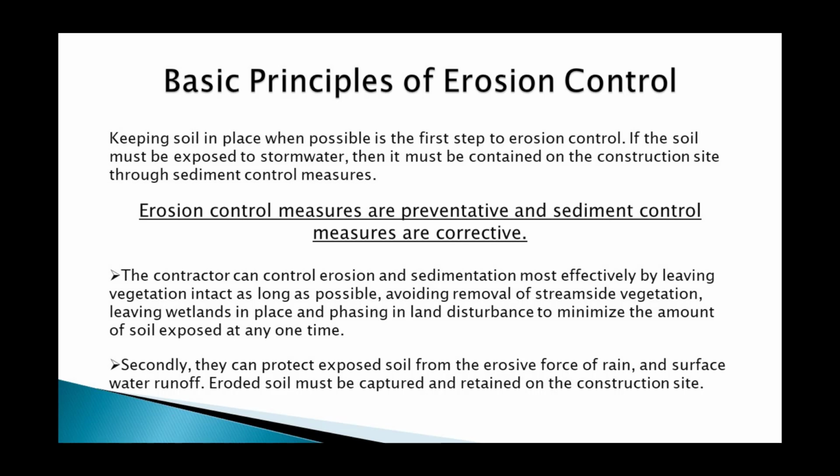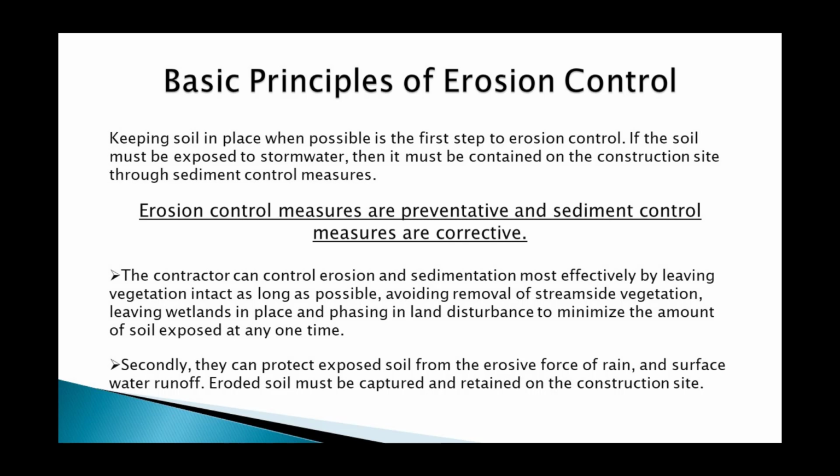One thing that is important to remember: erosion control measures are preventative. Sediment control measures are corrective, meaning that erosion control measures include seeding and keeping the site down to the bare minimum of grading that is needed for construction.